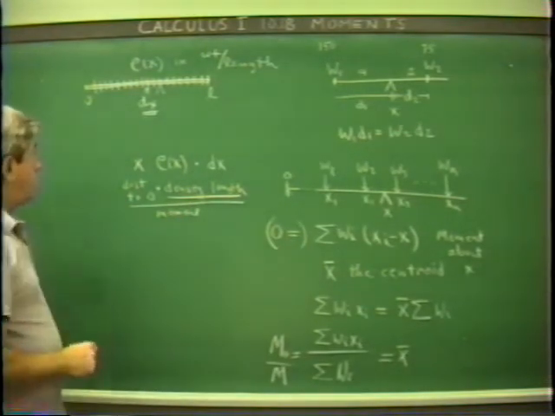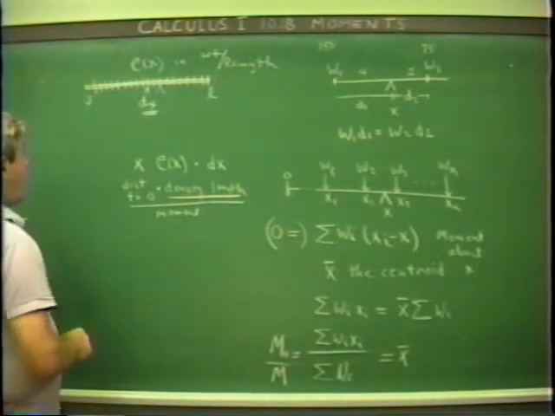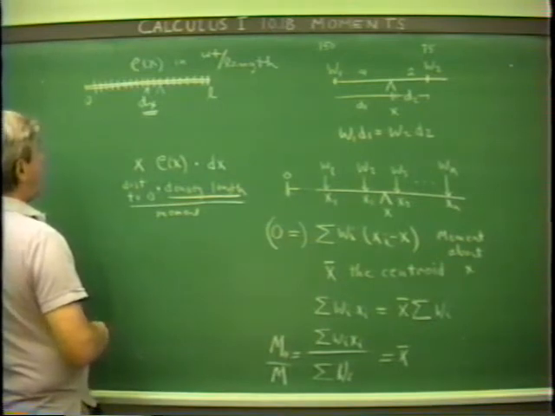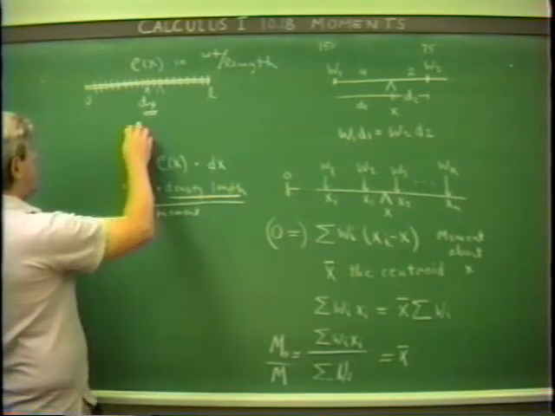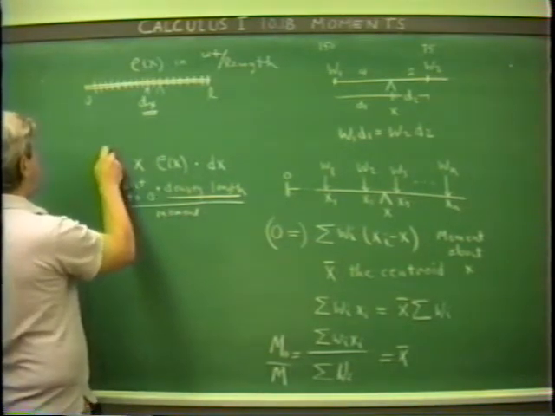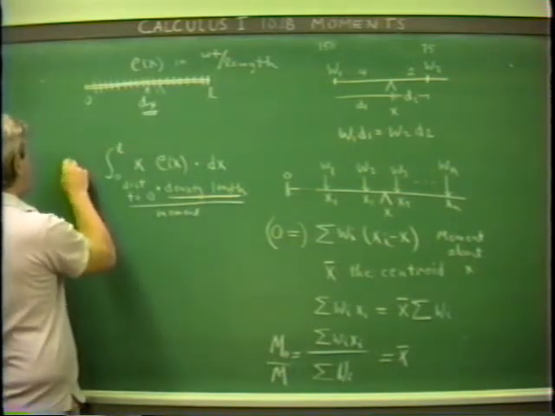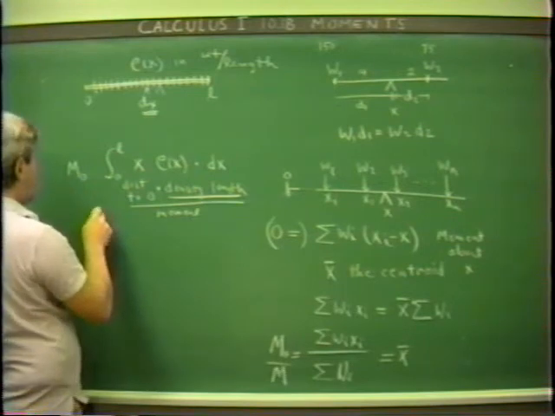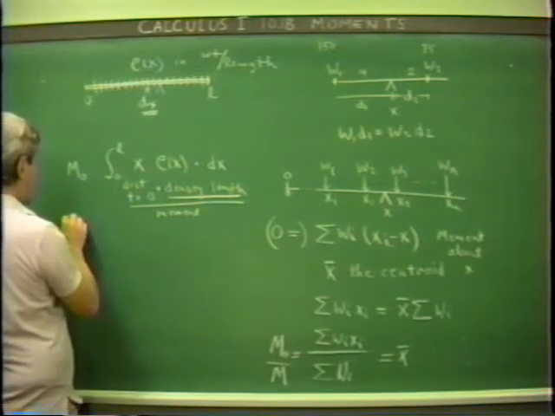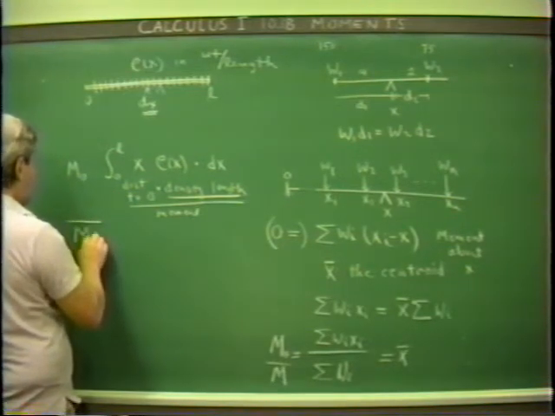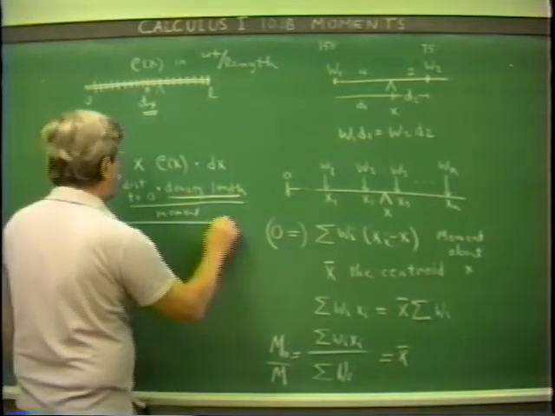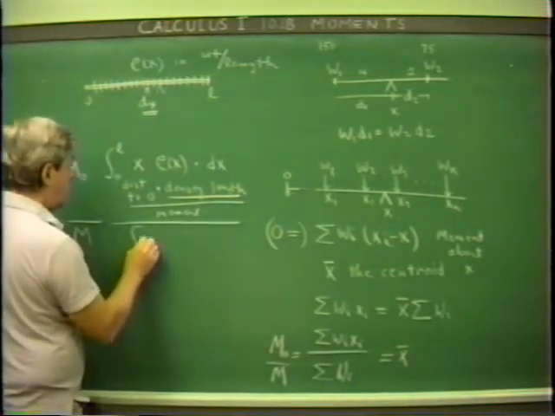So the density times the length is going to give you the weight. The moment is going to be the weight times the distance. Now, if we want to know the total moment about 0, we want to sum this up from 0 to L. So this is the moment about 0.